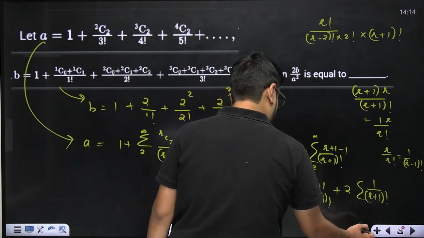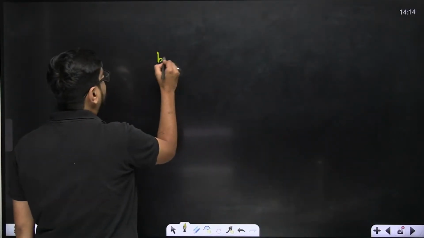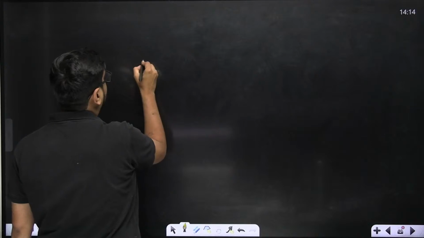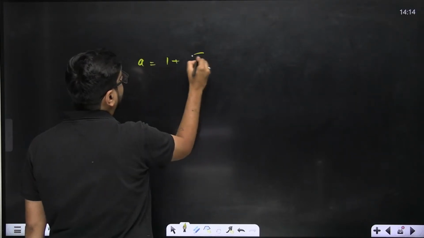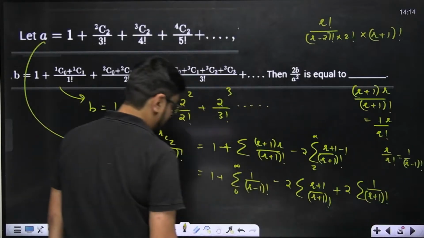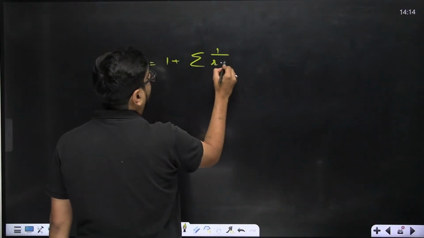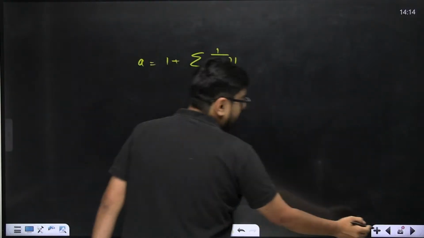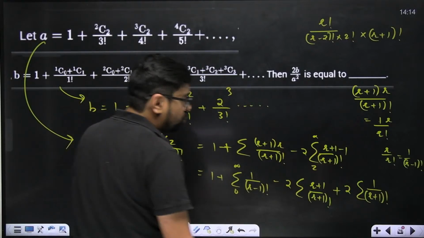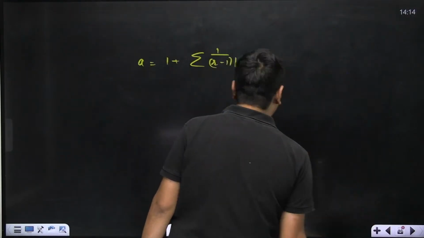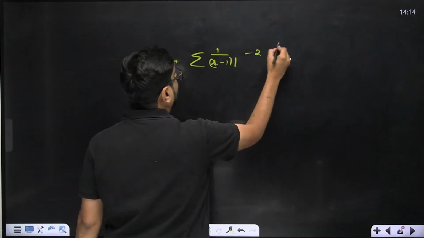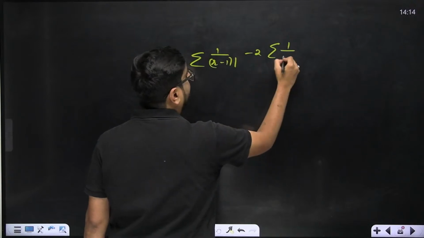So what do we have? A is coming out to be 1 plus summation of, let me take all the terms, 1 upon r minus 1 factorial, minus 2 into summation of 1 upon r factorial.